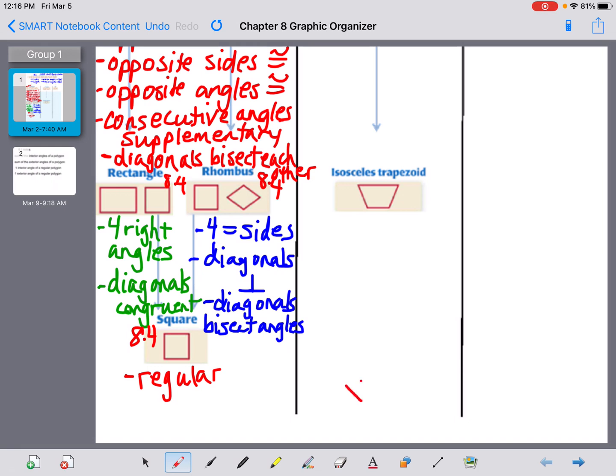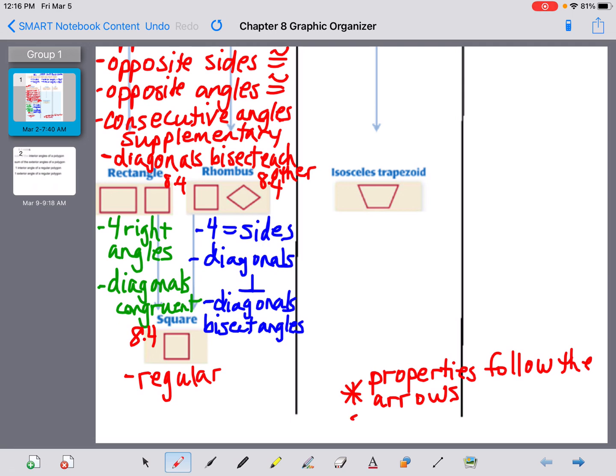In fact, I'm going to write this little disclosure at the bottom of my chart. The properties follow the arrows. Okay, properties follow the arrows.